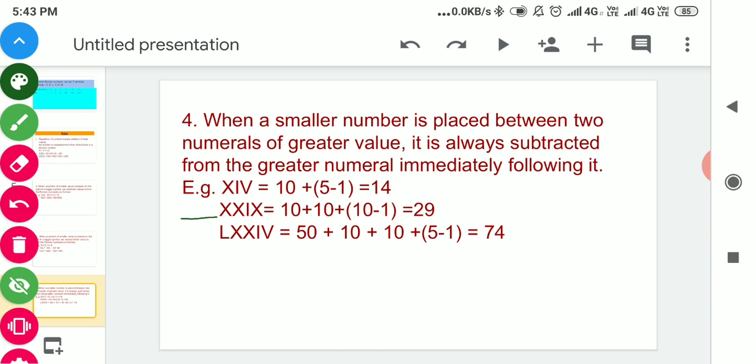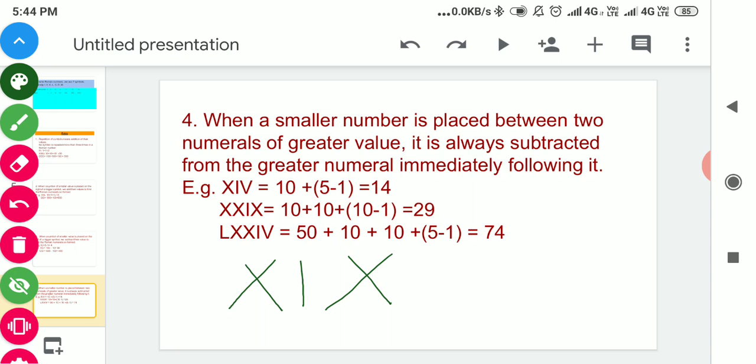Let us take another example, XXIX. XX, because here according to rule number 1, the symbol is repeated. So we will do addition here, 10 plus 10. But according to this rule number 4, the smaller value I is placed between X and X. So we will do subtraction here.